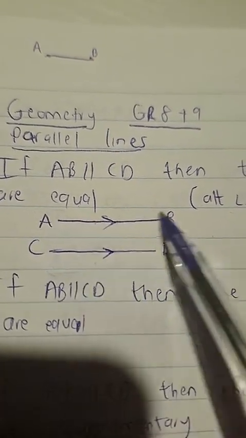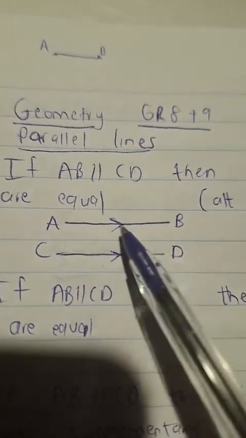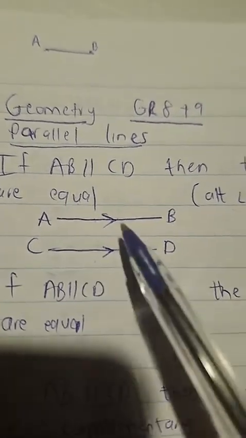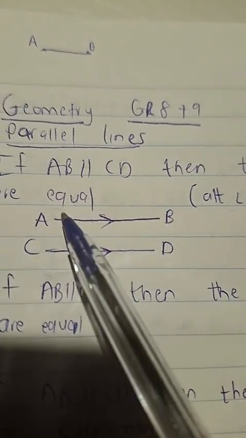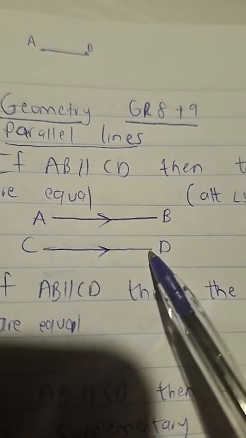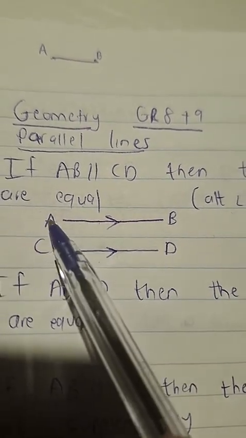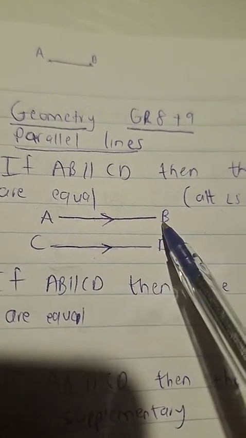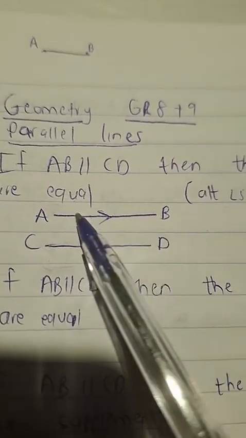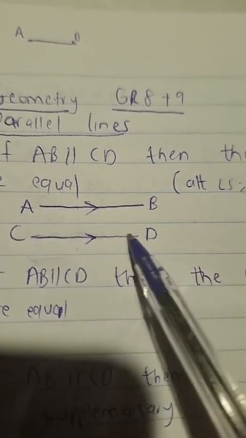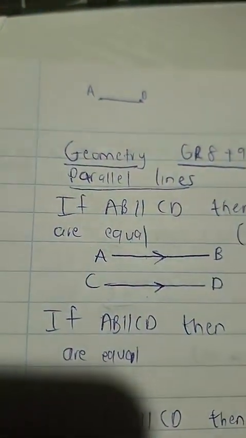So parallel lines fulfill that purpose. They ensure that there is a good social distance and that there's never any point where they meet up. So AB is a line segment and CD is a line segment, and both are parallel because they never meet. So that's what parallel lines are.